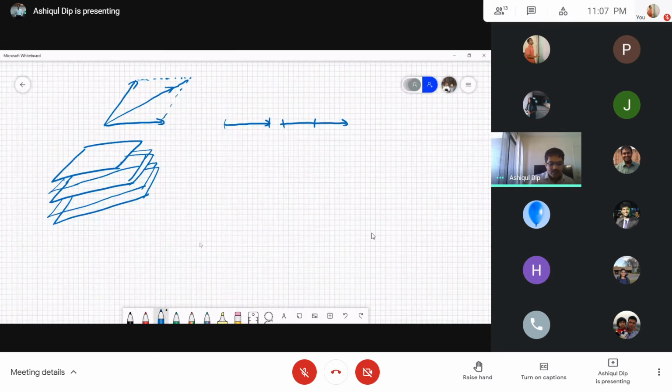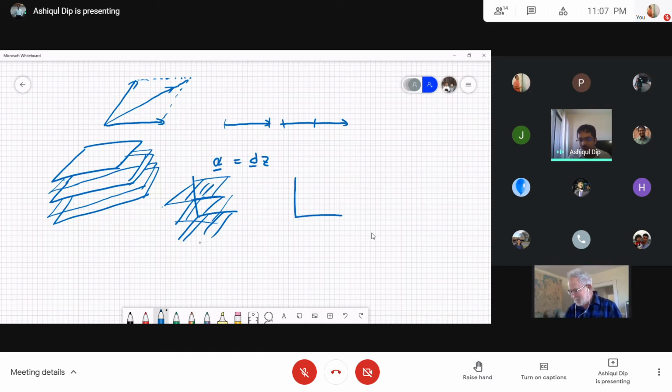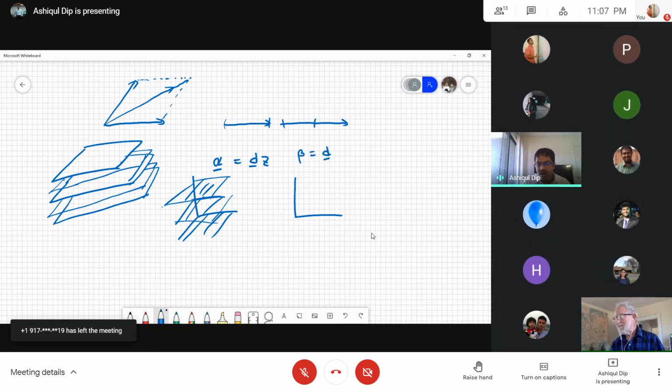So let's do it algebraically. The first one, say alpha, is dz basically. So you are trying to draw surfaces that are parallel to the XY plane like this. And when you have beta, say dy, let's write 2 dy.